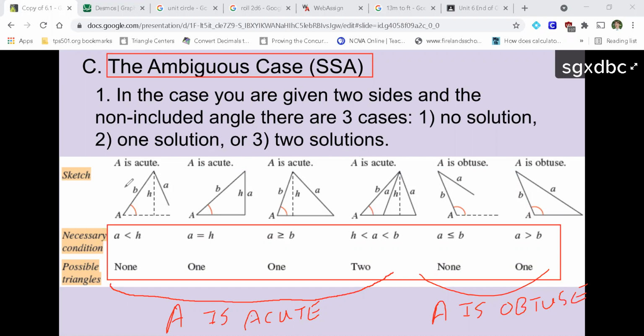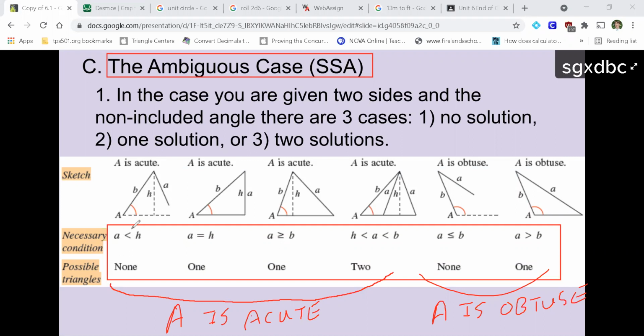In the first case, if the two sides and the angle they give you, if that side A is so small that it cannot reach the base because it is less than the height of your triangle, then that triangle cannot exist.